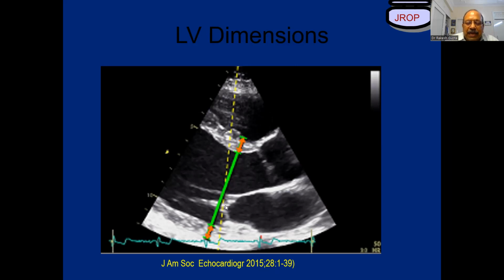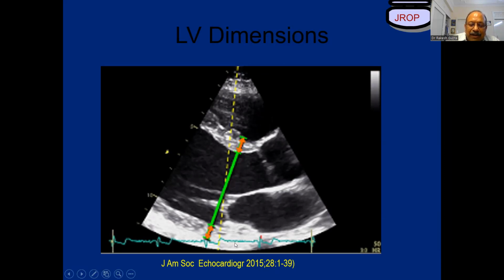So we not only look at M mode, we basically look at two dimensional echo, trailing edge to leading edge, and that is the dimension of LV for diastole as well as systole. This is a measurement during end diastole, when systole is about to begin.